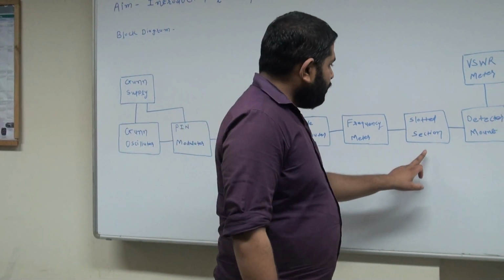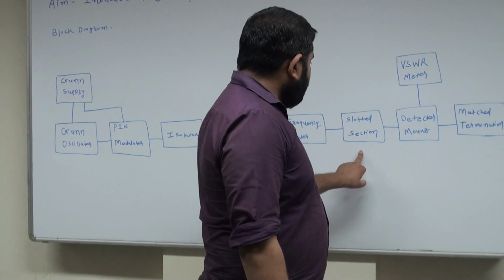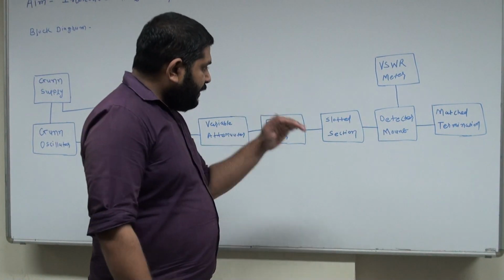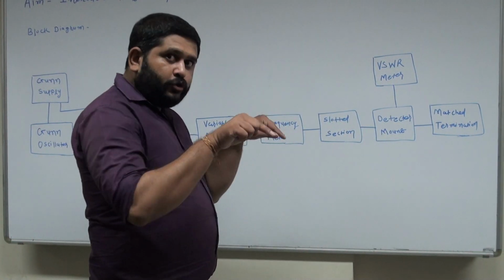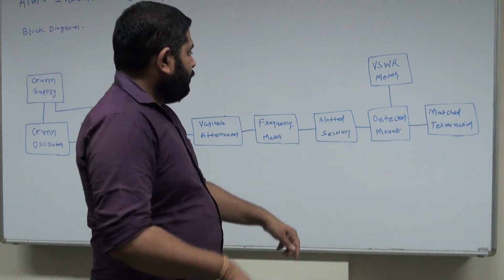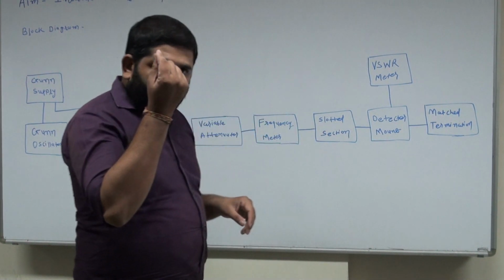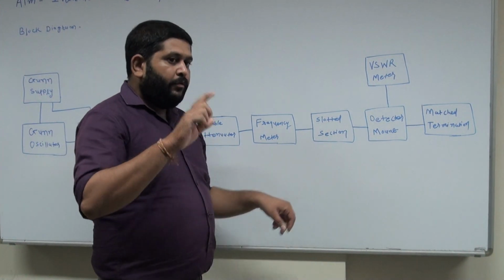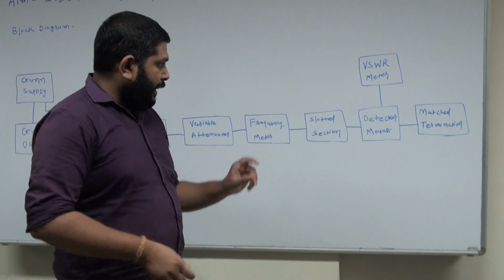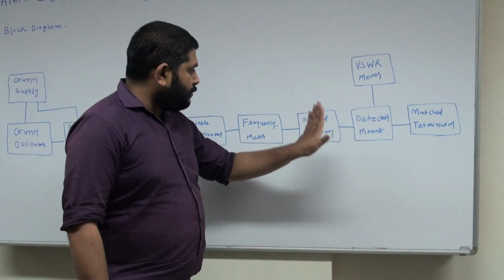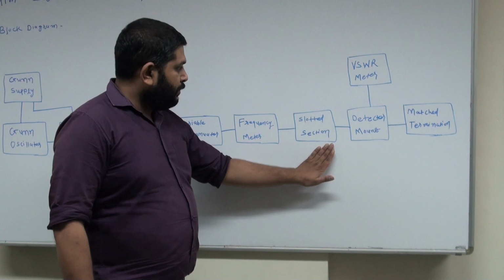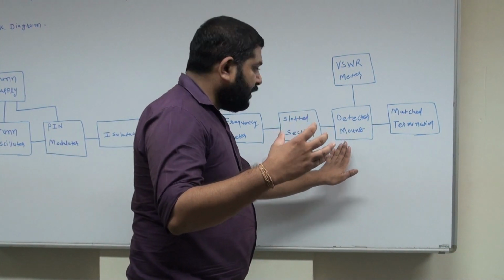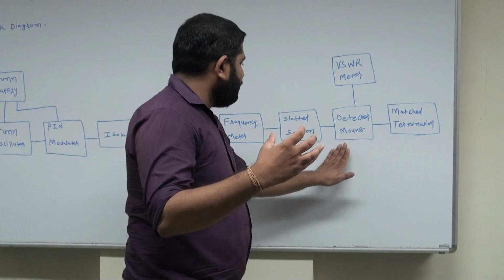And then next is the slotted section. The slotted section is similar to a waveguide, and here we create one micro slot, and in that slot we use a probe, and using that probe we take the measurements. When the impedance of the slotted section is matched to the detector mount, there is no reflection.